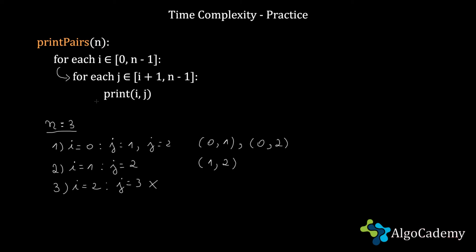We are not going to print anything. Then i becomes equal to 3, because i gets increased in a for loop, but this is not good because the range 0 to n minus 1 is the range 0 to 2, so nothing happens here. As you can see, we have printed 3 pairs of integers.